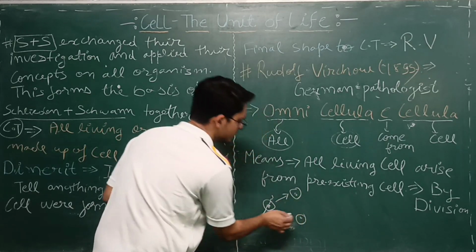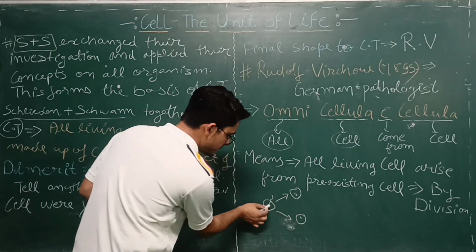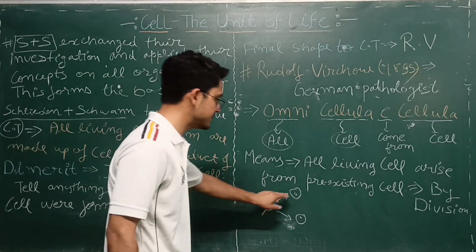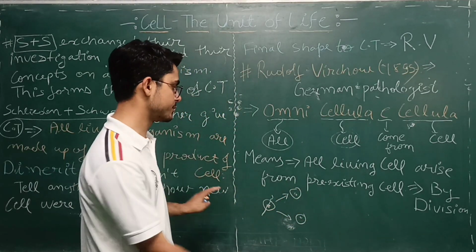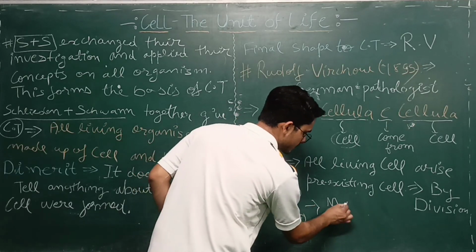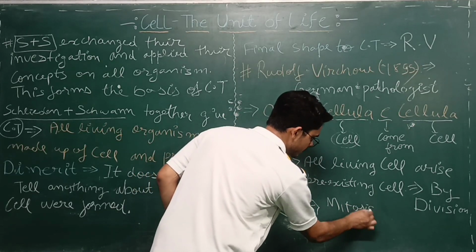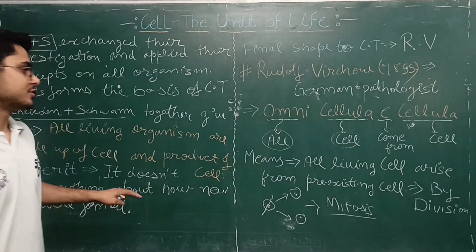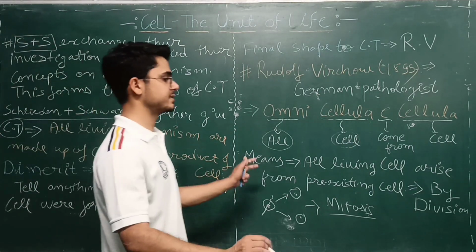So these cells come from this cell. By the division of this cell, these two cells are formed. This is also called mitosis. So here is all the cell theory.